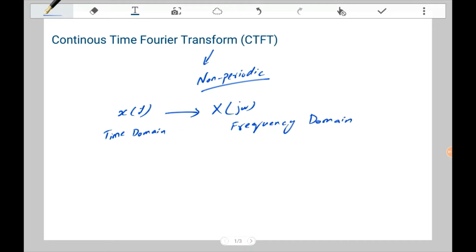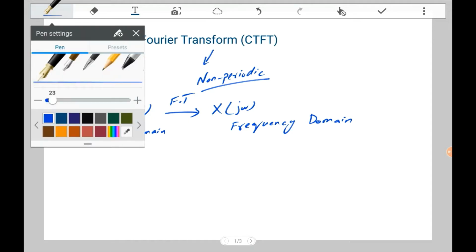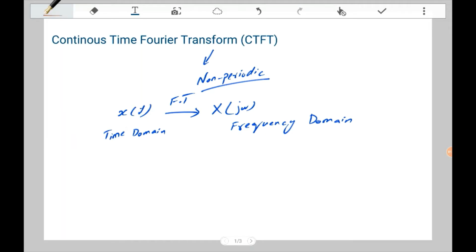For that purpose, we will use Fourier transform. The formula to convert from one domain to another domain is, let's say we have a signal in time domain. In that case, we will use the formula X of j omega is equal to the integral from minus infinity to infinity of x of t, which is our actual signal in time domain, times e to the minus j omega t, and we will integrate this according to t.